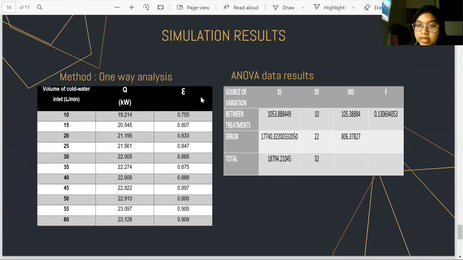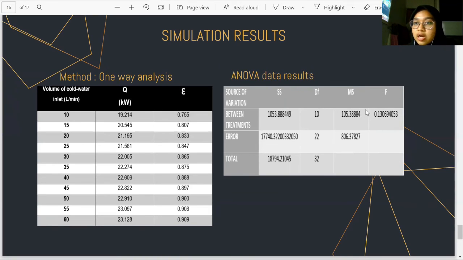From this analysis, I have obtained the ANOVA results. This is the summary, where SS is the sum of squares, df is the degrees of freedom, MS is the mean square, and F is the F statistic.